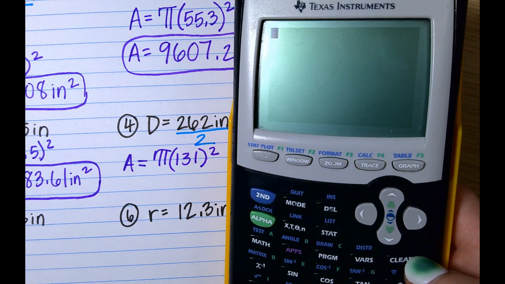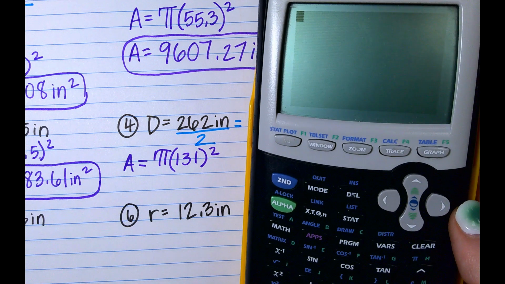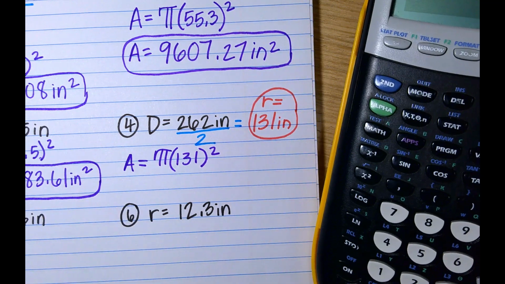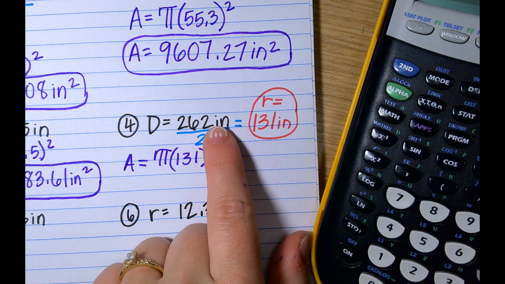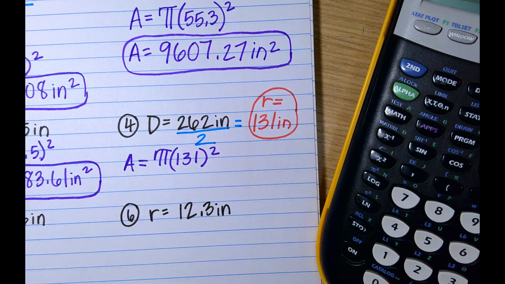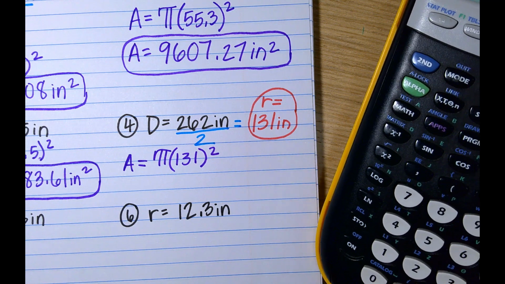And then I can clear. Okay, there we go. So now, did you read that as 267? Is that why? Okay, yeah. It was 262, so that's okay. So, okay, now I'm at 131.